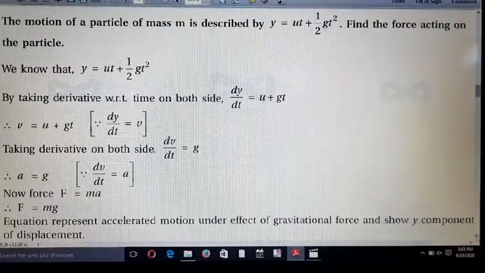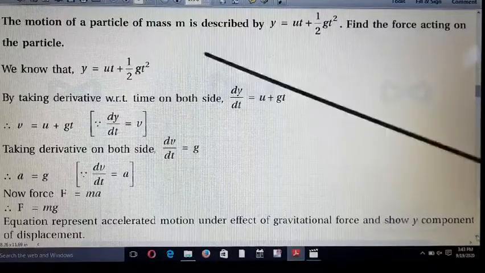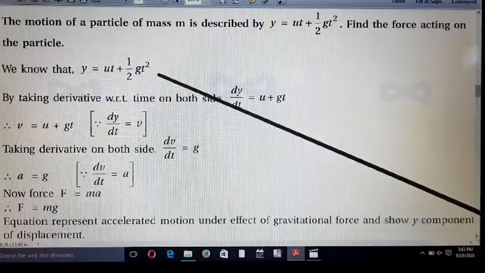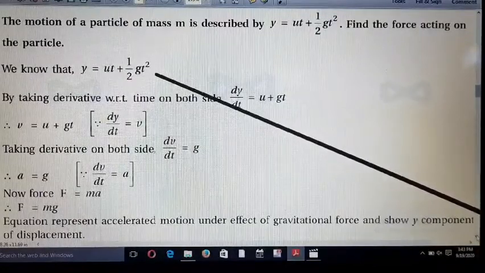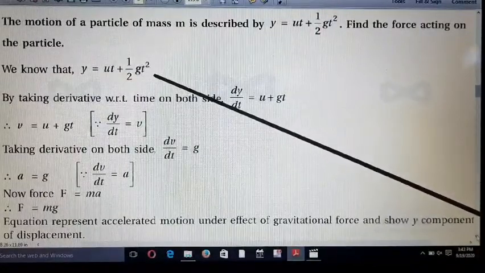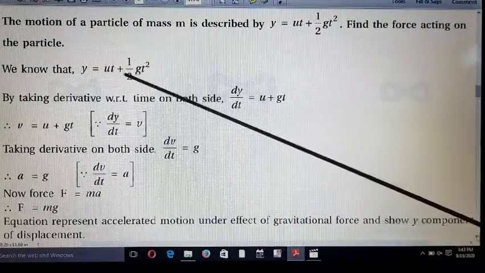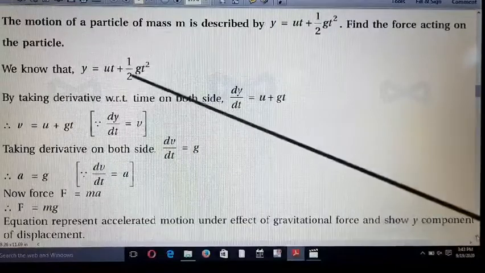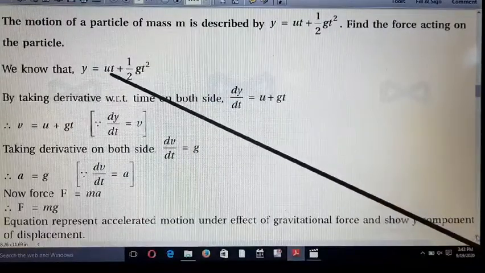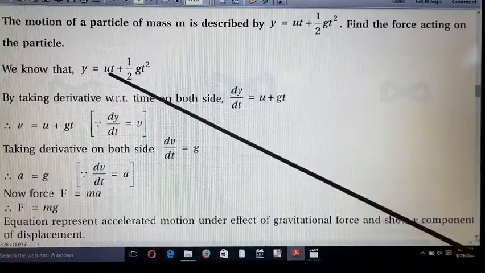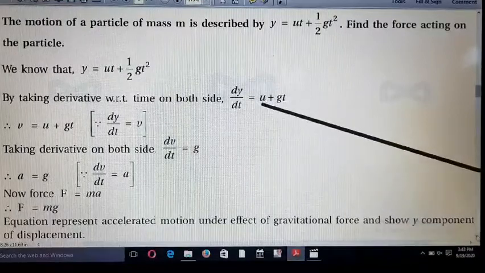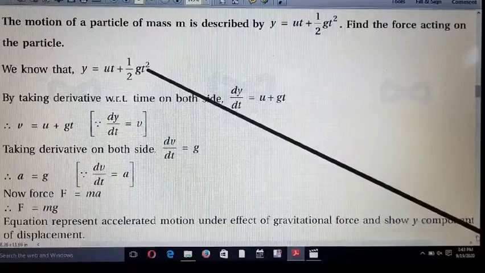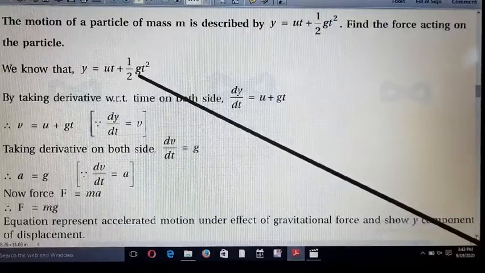Friends, now we have the formula y is equal to ut plus 1 by 2 gt square. First of all, we take the derivative with respect to time on both sides. On the left hand side we write dy upon dt. Here t is available, so dt upon dt is 1, so only u is left, and the derivative of t square is 2t. 2 cancels, so we get only gt.